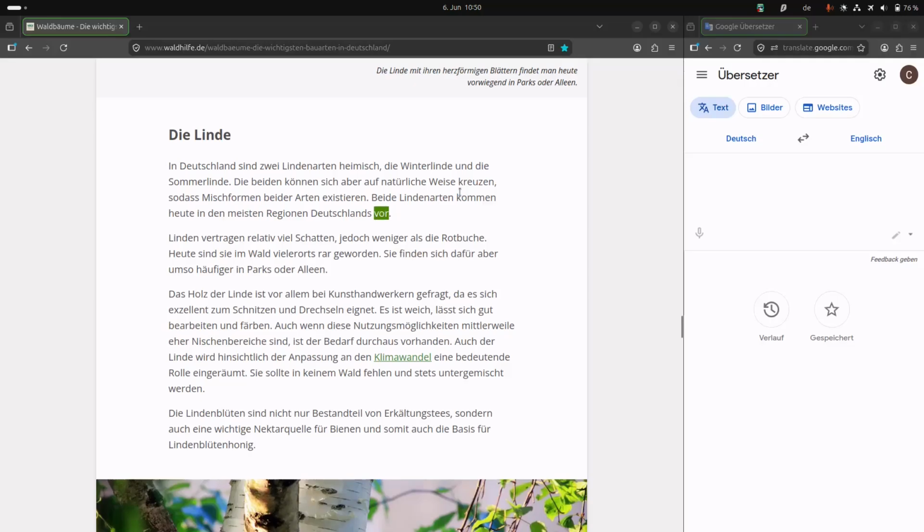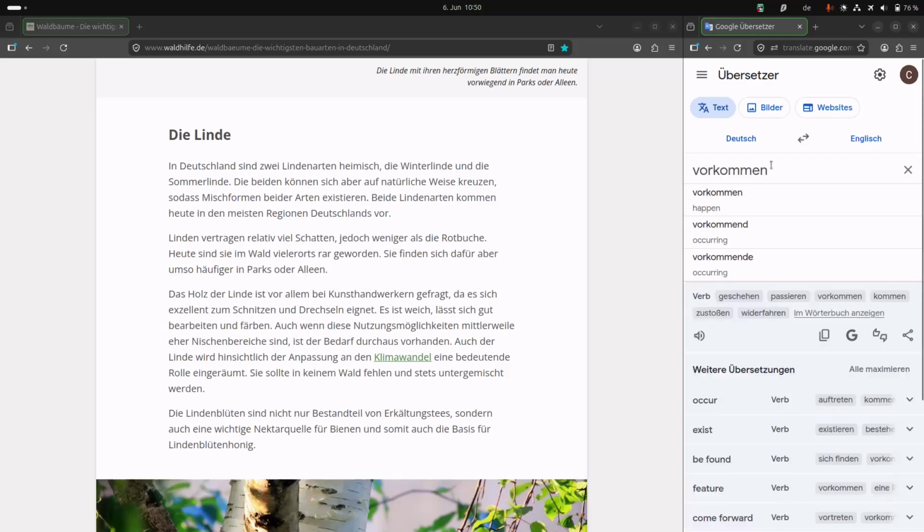So this relates to vorkommen, which would literally mean before coming, but it just means to occur, show up, or rather occur. So both linden tree species occur nowadays in most regions of Germany.